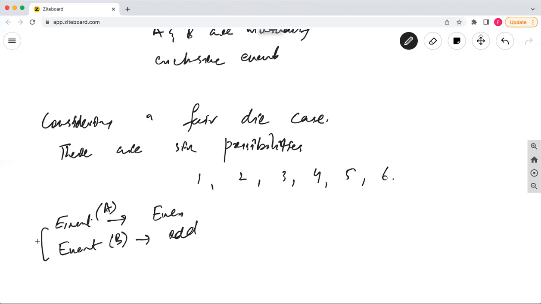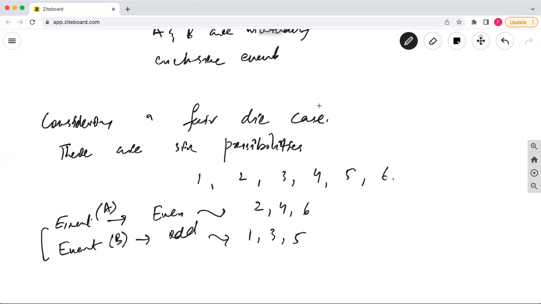Yes, because we can't have an even and an odd number at the same time. In event A, in which we get an even number, we could get 2, 4, and 6. And in event B, we will get 1, 3, 5. There is no overlap, right? So these two events are mutually exclusive. They can't occur at the same time. Got the point?